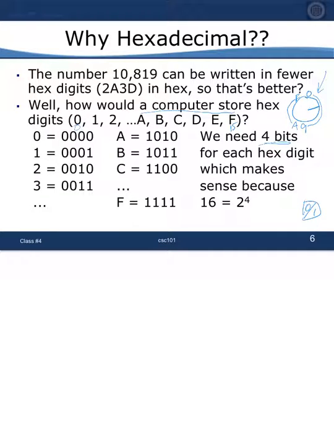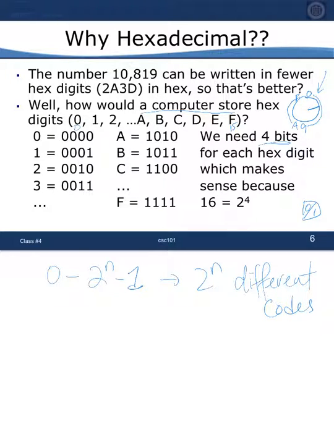Remember the thing we learned about last week, right? That if you have n bits, you can write all the numbers 0 to 2^n minus 1, which is good enough for 2^n different codes. So here I have 16. I need 16 different codes.